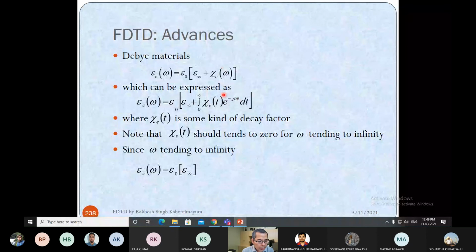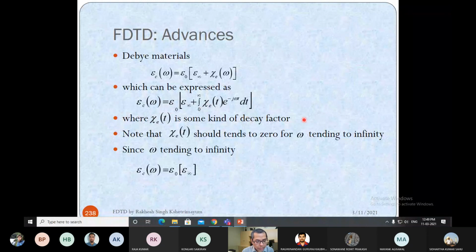So this chi e(t) is some kind of decay factor. What kind of function you consider for this chi e(t) will give you a different medium. For example, the Debye model, or the Lorentz model, all those models we have considered before. Different models will have a different function for chi e(t).